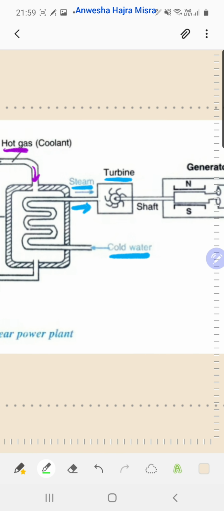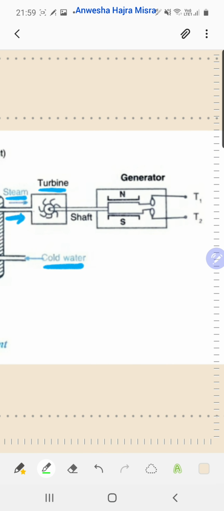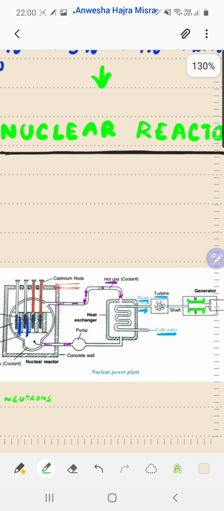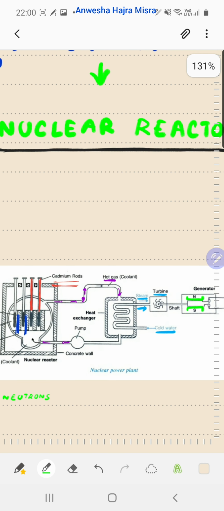Now, what does the turbine do? Can you see the magnet here? The North Pole and the South Pole. Inside, what do you have? The coil with terminals T1 and T2. The turbine rotates the coil in a magnetic field. And what do you have? Current generated.